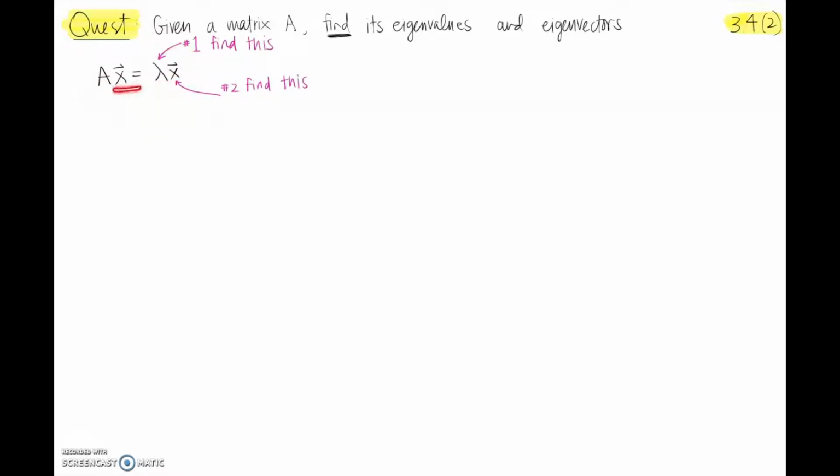And these other parts are very special. They're the only vectors that stay on their span when they go through the transformation of the matrix A. And like we talked about before, there's relatively few of them.